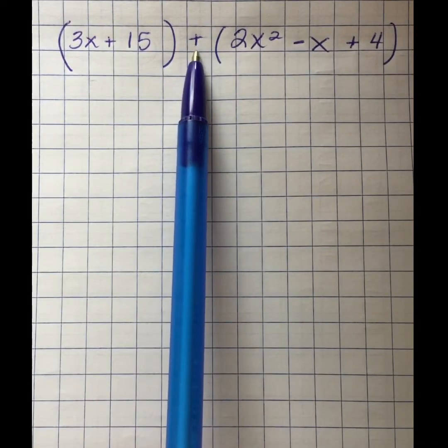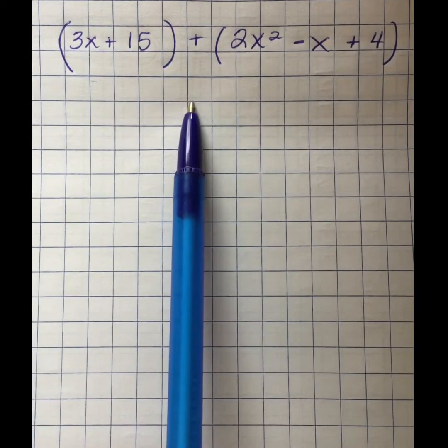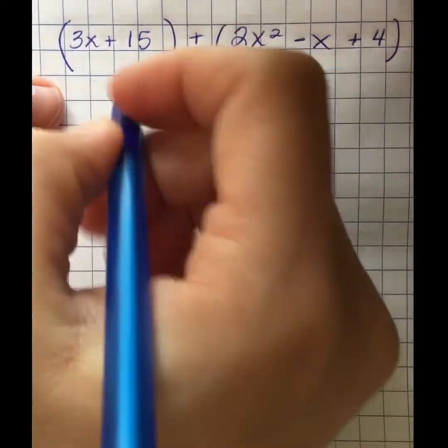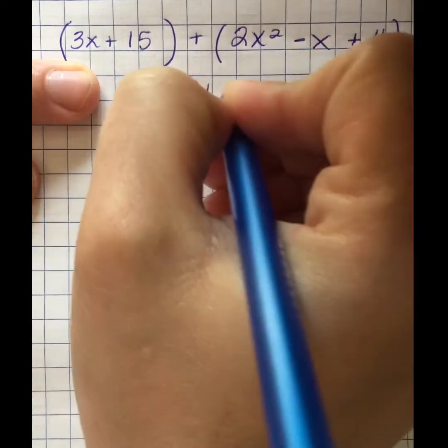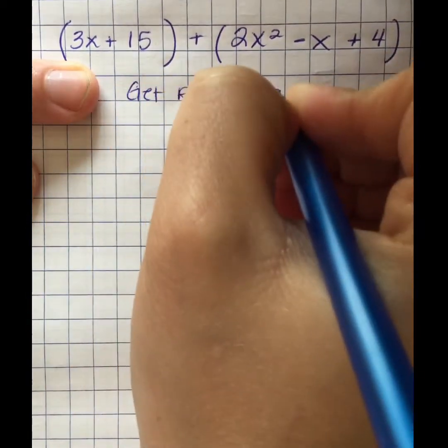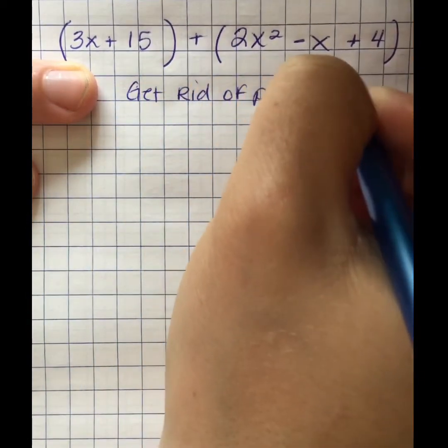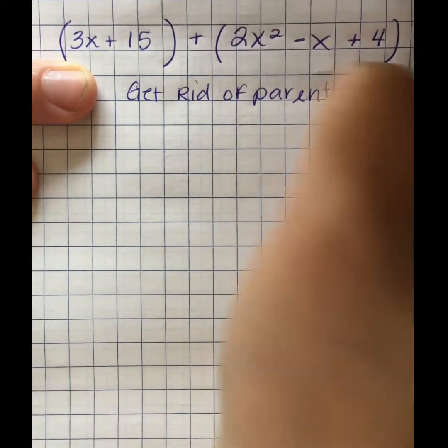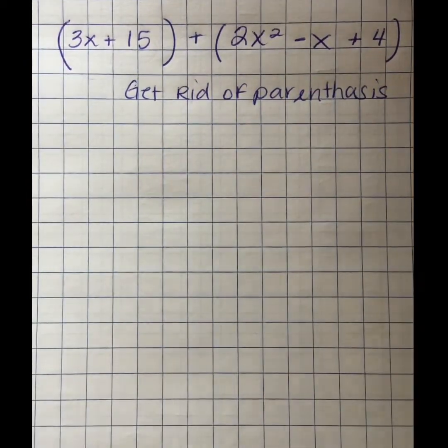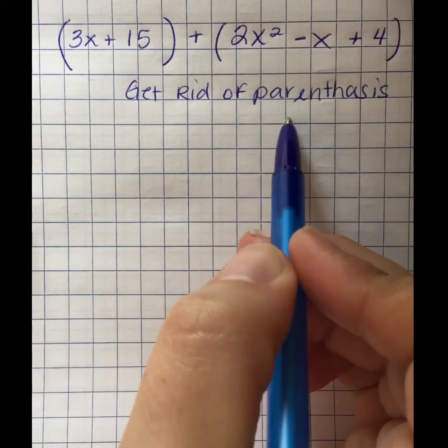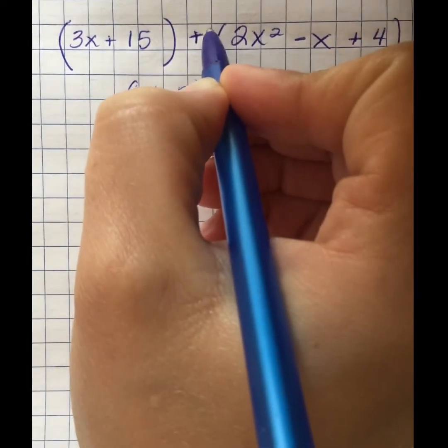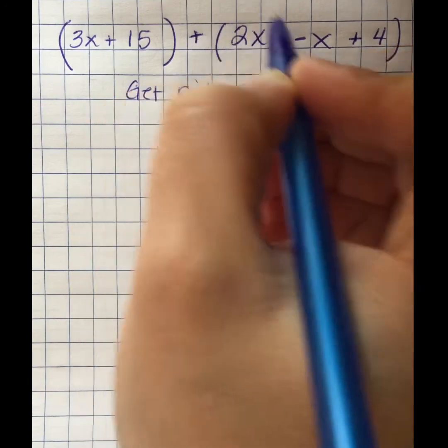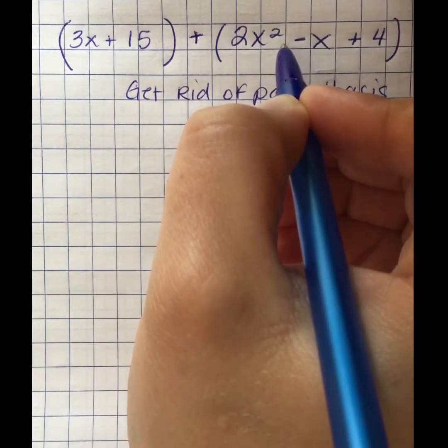So the first step in adding is actually to get rid of the parentheses. Okay, why can you just get rid of the parentheses? Because adding doesn't affect this guy.